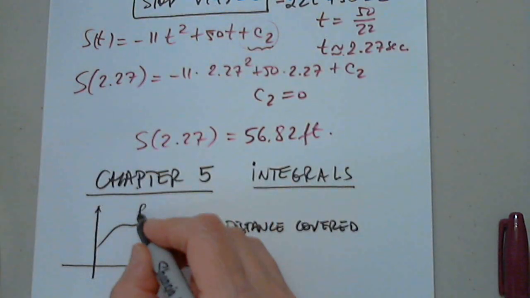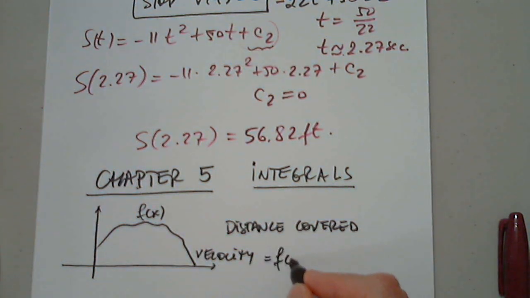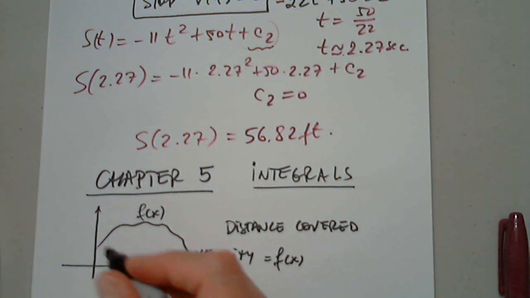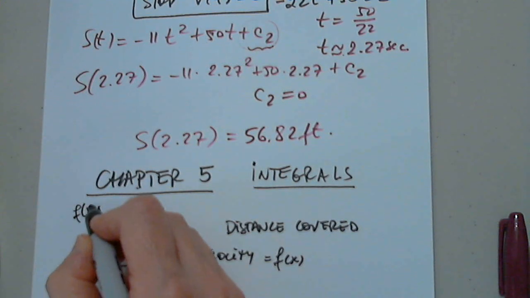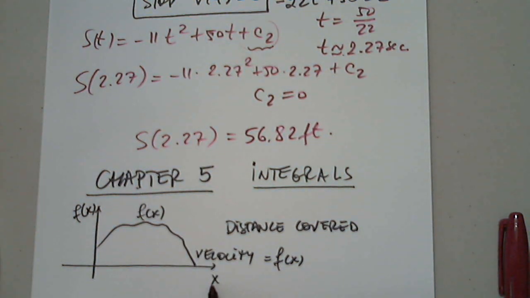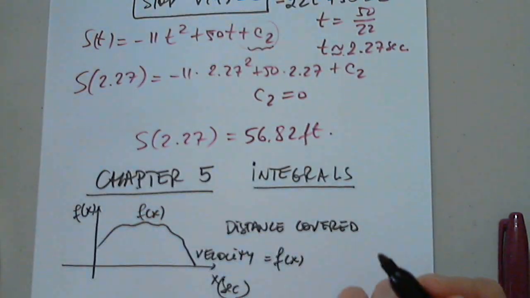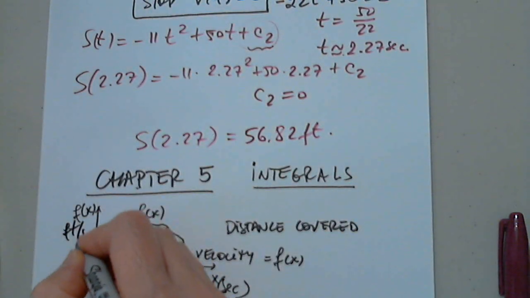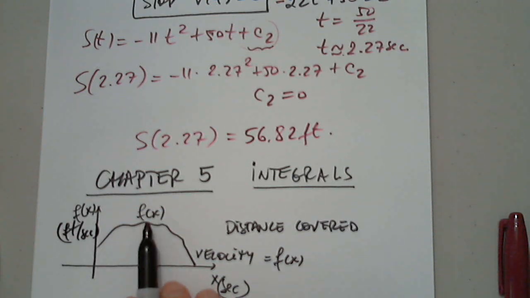This is the velocity function. So this is f of x, velocity. So this is x, and this is f of x. This is measured in time, I don't know, seconds, and this is feet per second. So we have this function representing the velocity.